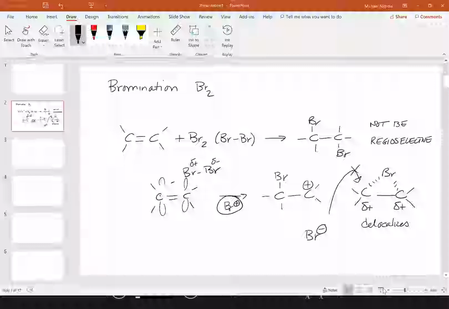And so what the bromine does is it adds from underneath the triangle, and then we break the partial bond of the carbon to the bromine so that we end up down here with the bromine having added underneath and the other bromine then having added above.